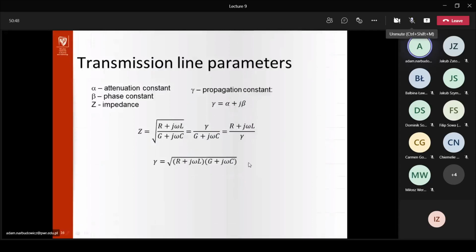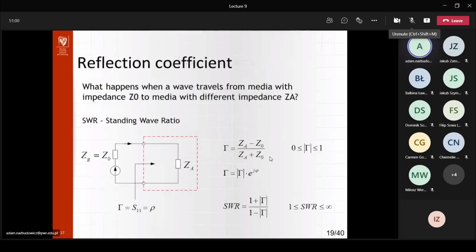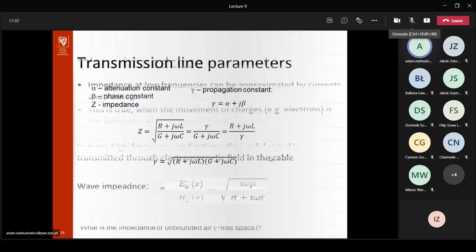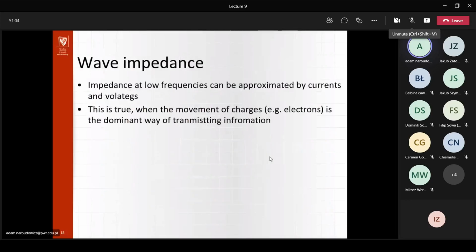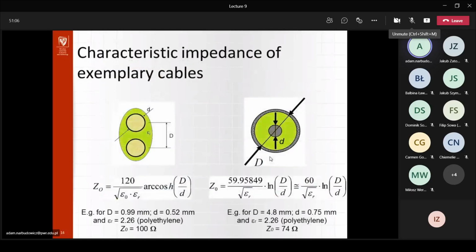Yes, exactly, because it's in the denominator, the impedance decreases. And that's more or less how it works. In practical terms, what is important here is the geometry that's in play.